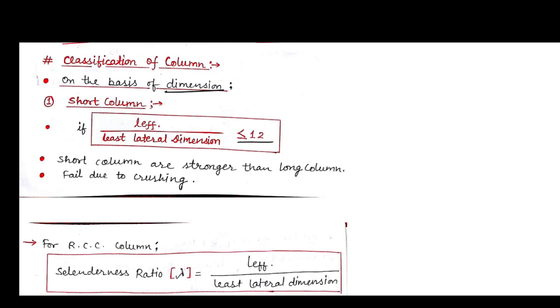L effective can be calculated from 3 times the least lateral dimension. Short columns are generally stronger than long columns, but they fail due to crushing. Lateral dimension is less, so it fails in crushing.